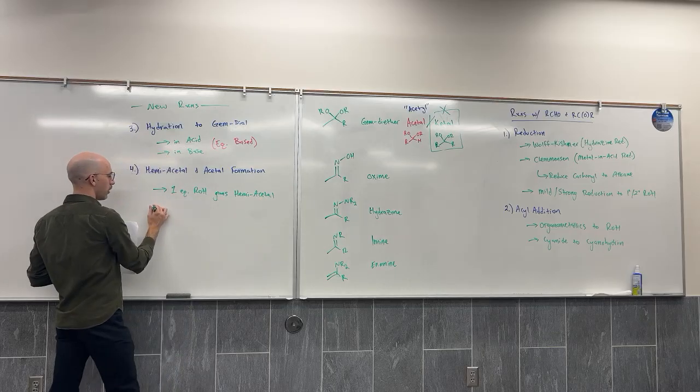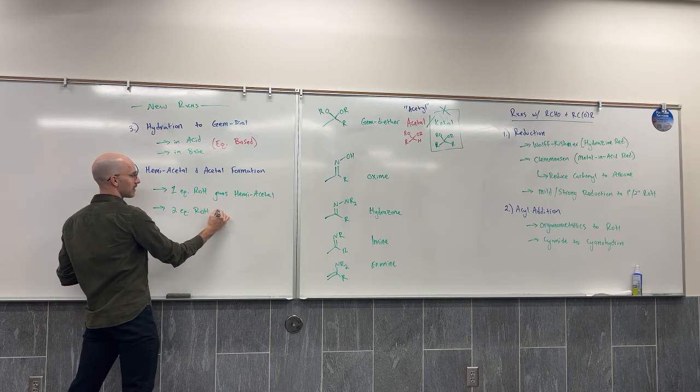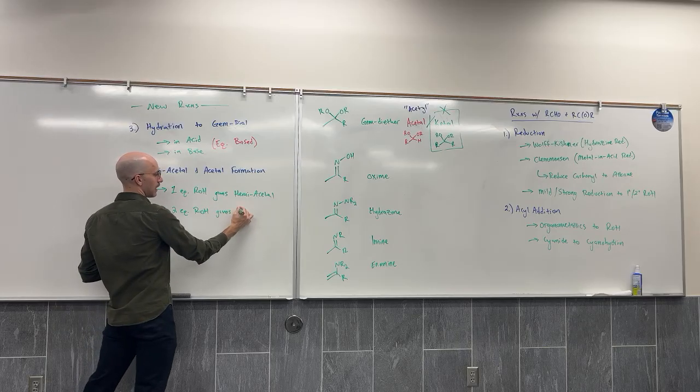One equivalence of alcohol gives a hemiacetal. Two equivalences of alcohol gives an acetal.